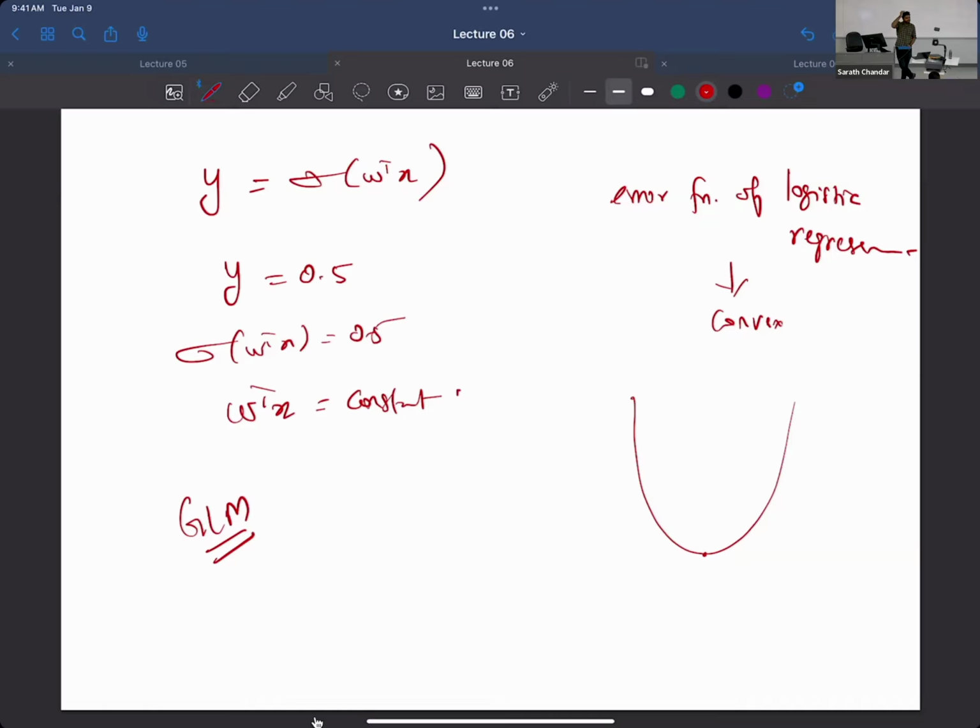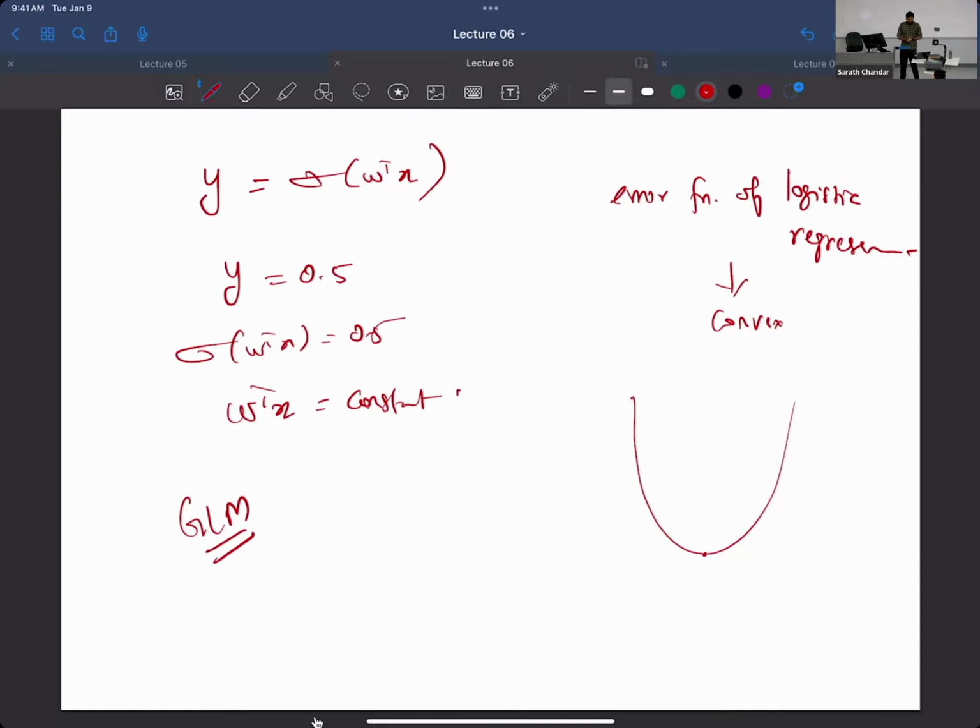Is it clear? Okay, so now we're going to use generalized linear models as an excuse to do a little bit more optimization. In one of the previous lectures, we looked at gradient descent in detail, right?